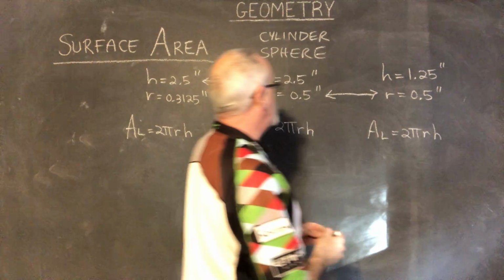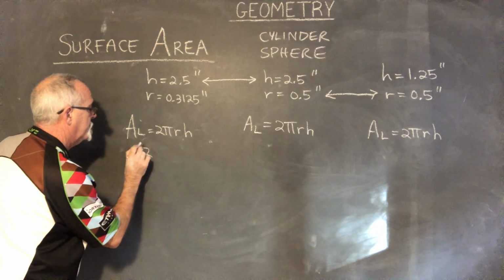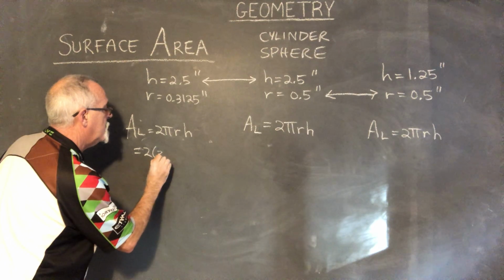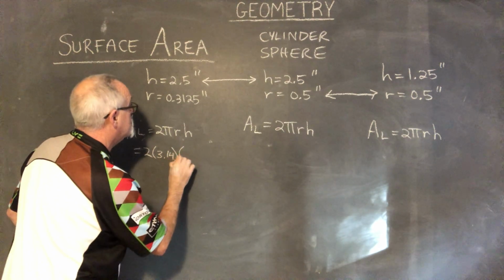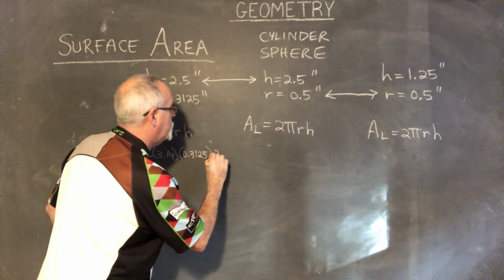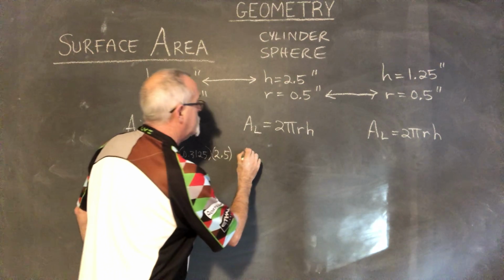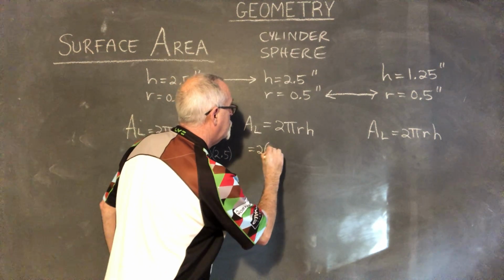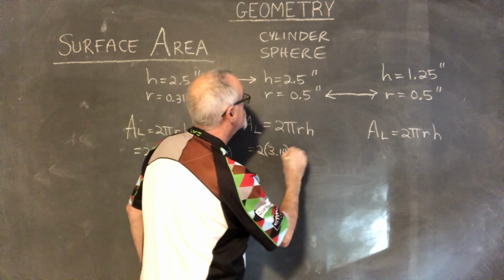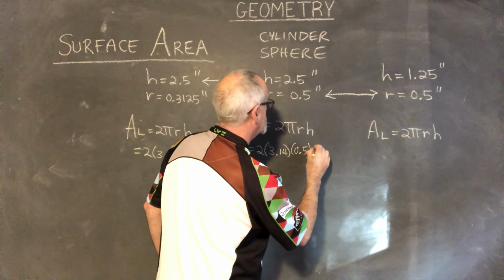Let's do the formula. We have all the information we need. 2 times pi times 0.3125 times 2.5. I have to make sure I can make all of this fit. 2 times pi times 0.5 times 2.5.